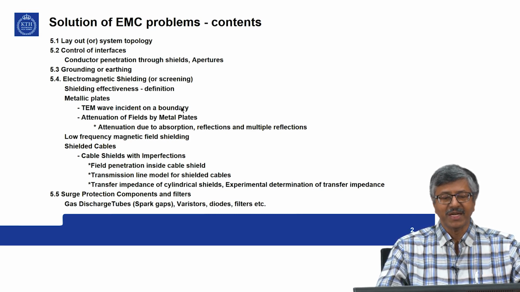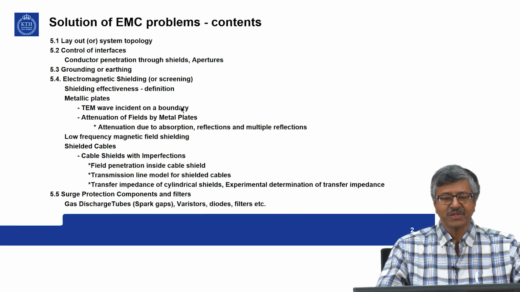The principles of shielded cables you have seen in chapter 4, but in this chapter we will look at shielded cables with imperfections, because you have either braided shields or solid shields, and both have shield penetrations, field penetrations, and we will look at how to model this.